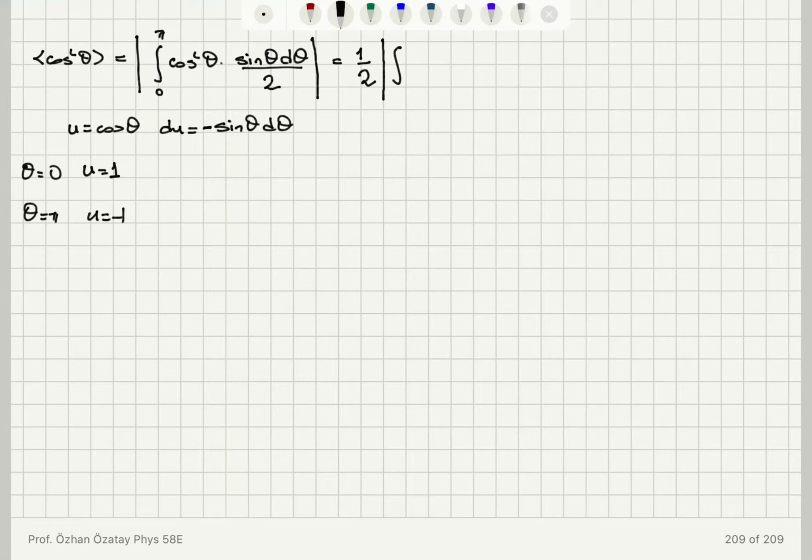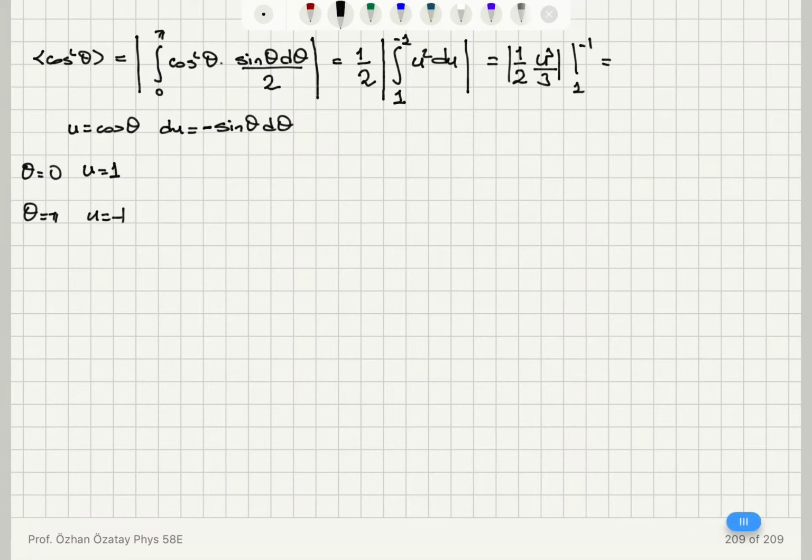The limits will be when theta equals 0, u equals 1, to theta equals pi, u equals minus 1, and u square du. So forget about the minus sign because this is an absolute value. So this will be equal to 1 over 2 times u cubed over 3 from 1 to minus 1, absolute value.